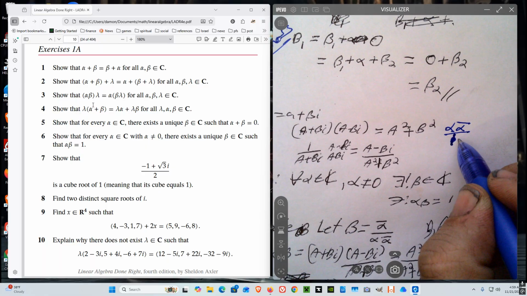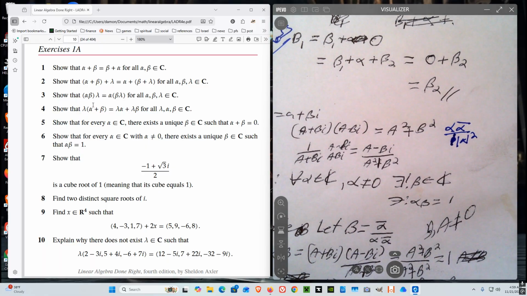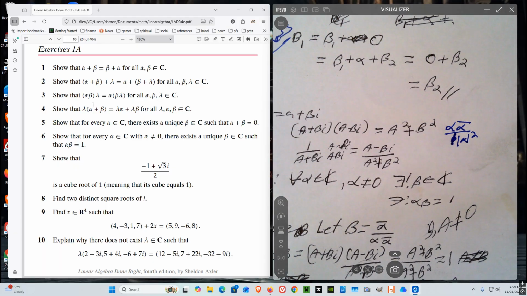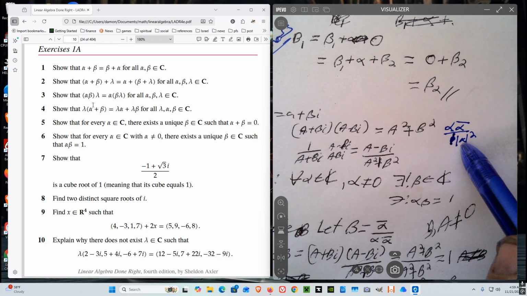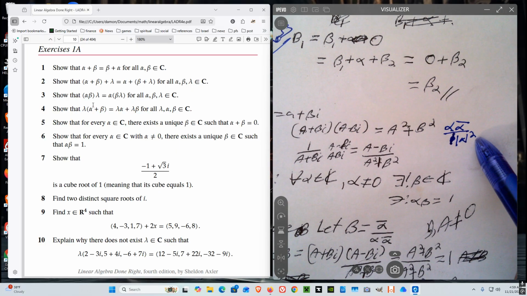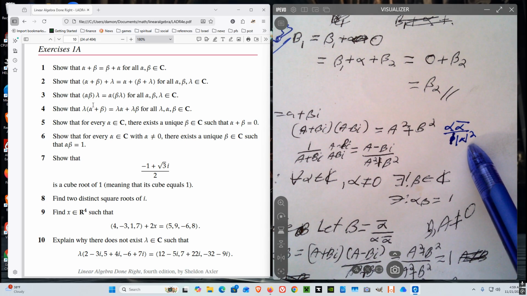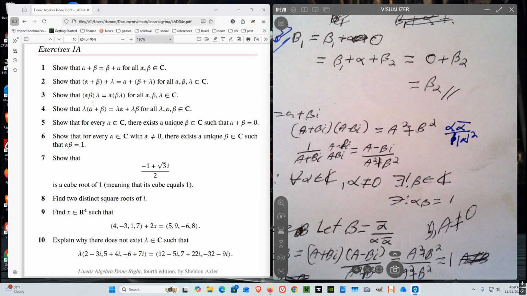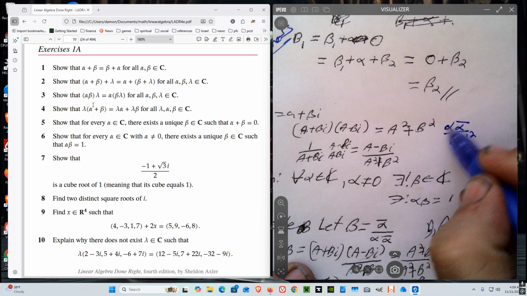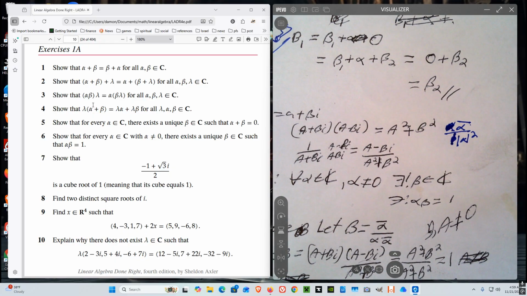So that's like the magnitude of alpha squared, isn't it? Because the magnitude of alpha is the square root of a squared plus b squared, so if I square it, that'll give me a squared plus b squared. So alpha conjugate over absolute alpha squared is the inverse, in summary.